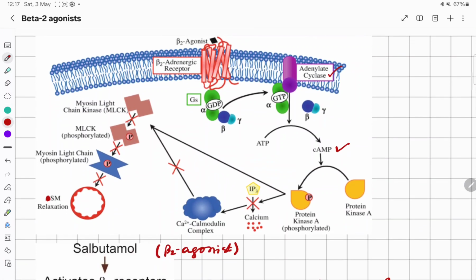Now this cyclic AMP activates protein kinase A by phosphorylating it. Phosphorylation activates it, and this active protein kinase A now does two things. One, it inhibits the activation of the calcium calmodulin complex by inhibiting the release of calcium through inositol triphosphate.